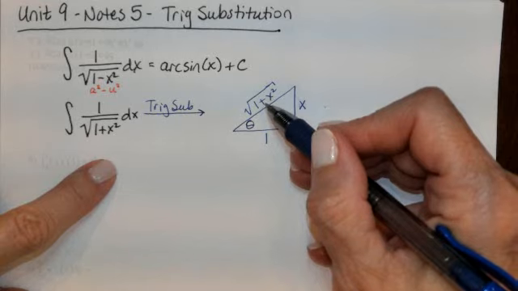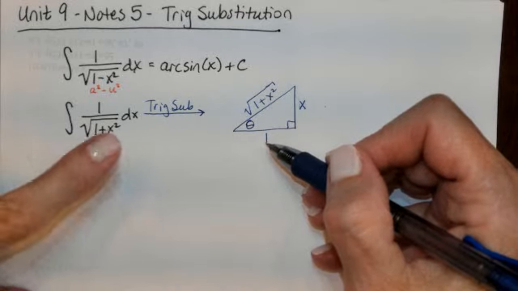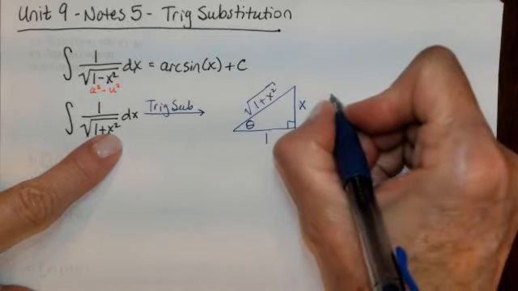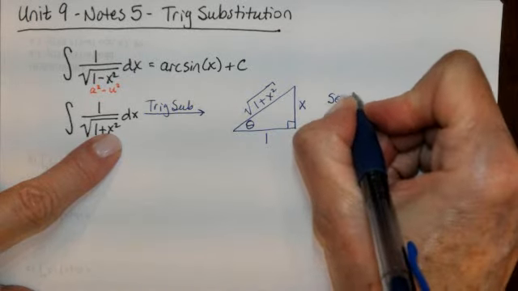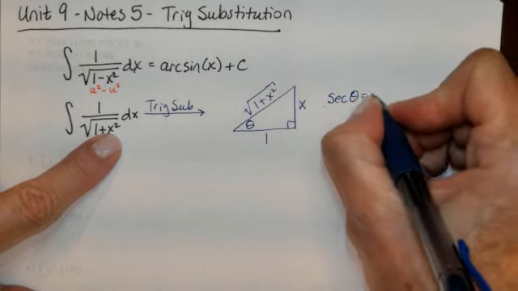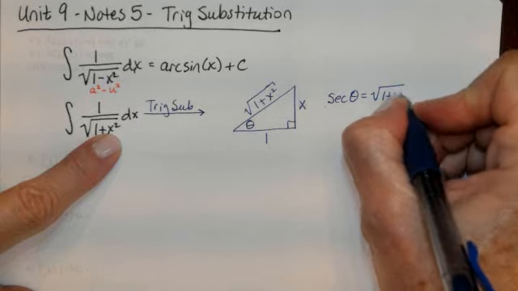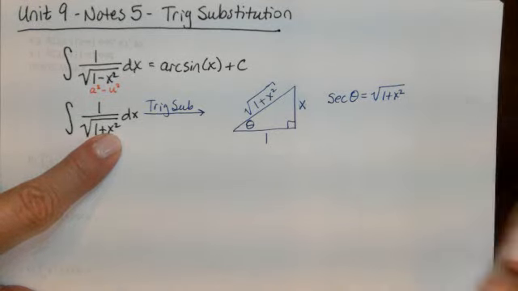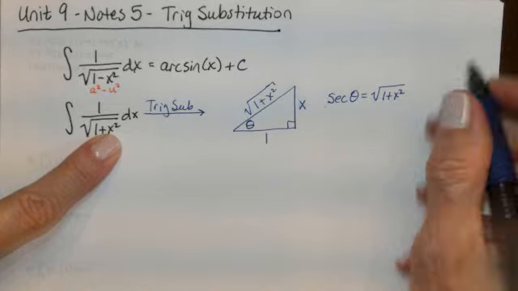All right? Now since I want just the square root of 1 plus x squared, I'm going to use secant theta. So I'm going to say secant theta is square root of 1 plus x squared over 1, right? So that's just the square root of 1 plus x squared.